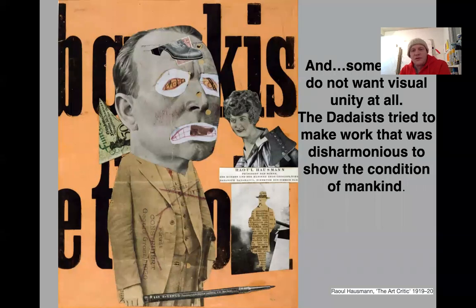Some works don't want unity. So the Dadaists tried to make work that was disharmonious to show the condition of mankind. I mentioned the futurists when we were looking at things a while back, but the Dadaists were the whole other side of what the futurists were trying to do.